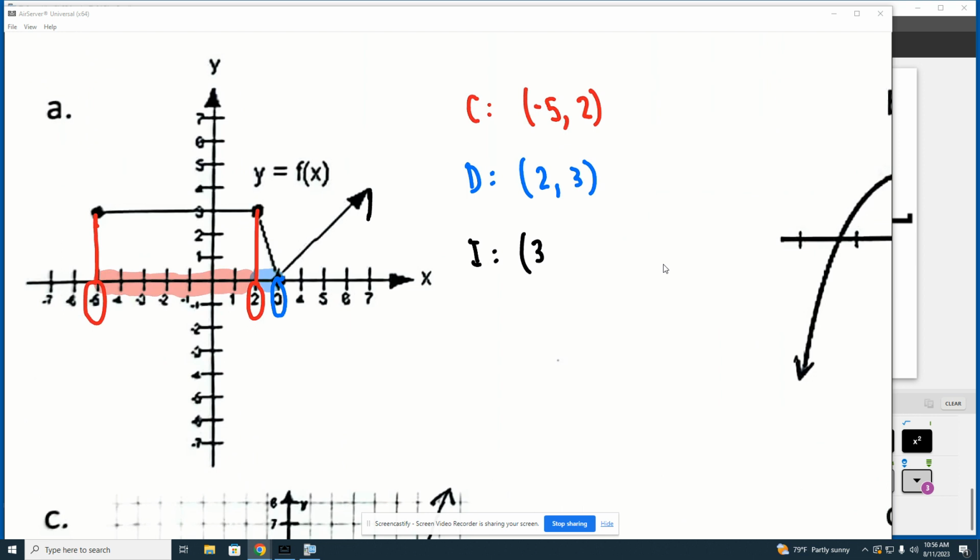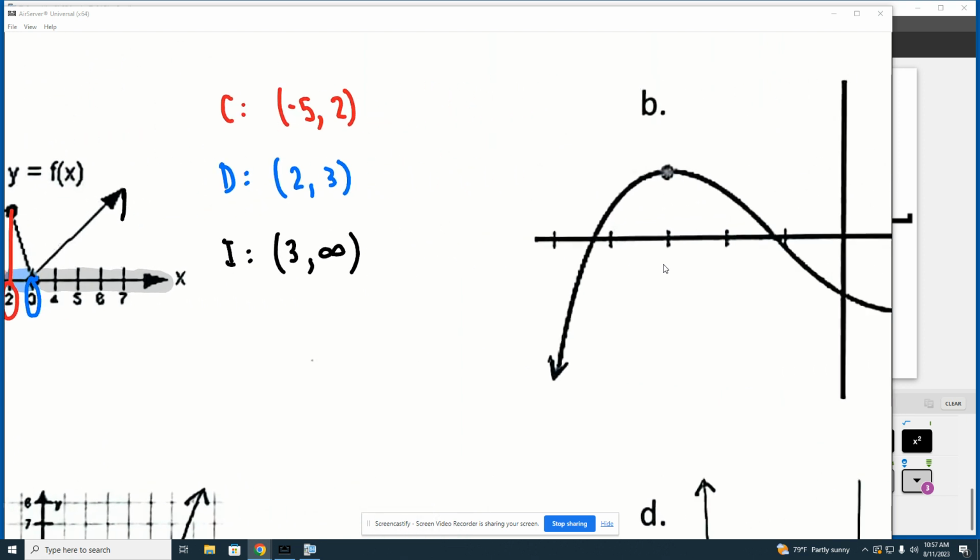So it's going to increase from 3 to what? Infinity. It's going to keep on going in this direction for as long as you can imagine. Questions? That's how we name our increasing, decreasing, and constant intervals. Let's do a couple more of them.